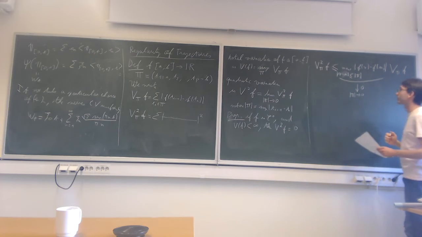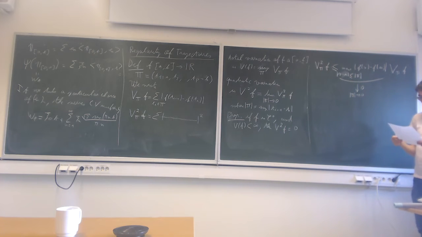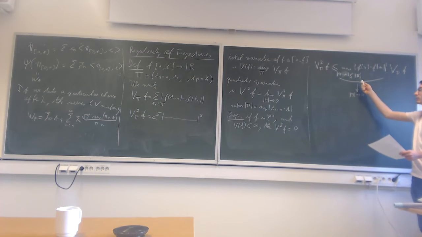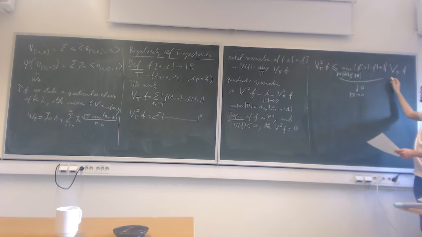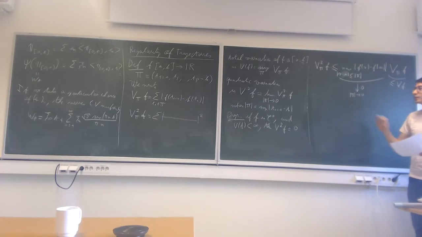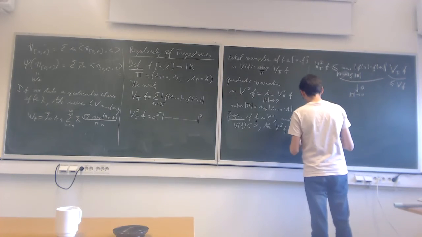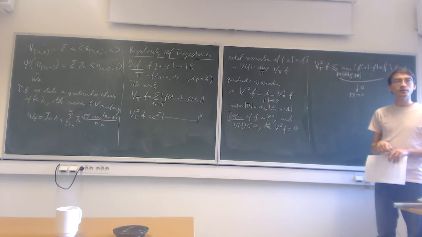And so, yeah, the Brownian series is not enough because I have a bias here as well. So I should first take this. I think this is less than V of f. And then I can take the limit of this one.